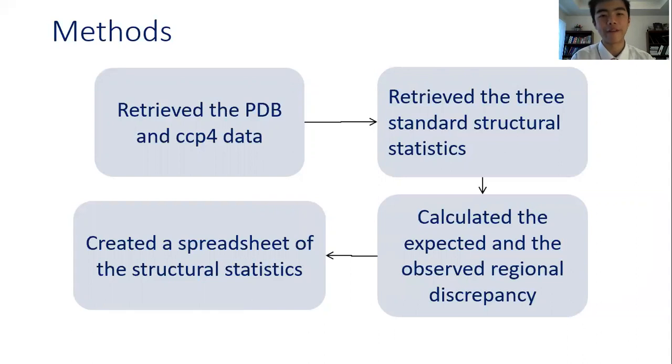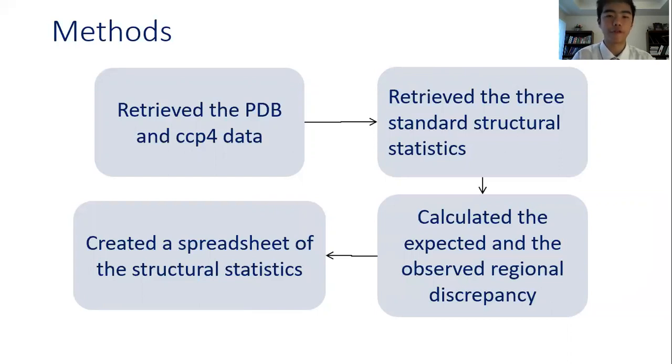And then I compared each voxel discrepancy to this cutoff to find the significant voxel discrepancies. And then from there, I sorted them into positive and negative discrepancies, just in case a researcher needed to differentiate between these 2 types of discrepancies. And then I found the absolute value of all of these discrepancies and added them all up to get the observed regional discrepancy.